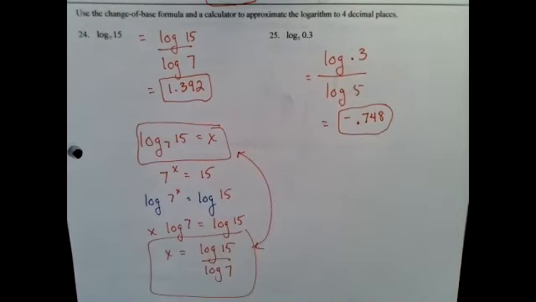So putting 4 decimal places so we can get it right. But that's how we do it. Questions?